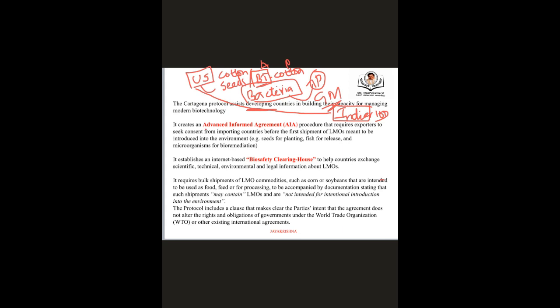It talks about advanced informed agreement, called AIA. This is one procedure. The next one is called the Biosafety Clearinghouse. These are the two very important procedures with which the interest of the importing countries is protected by the Cartagena Protocol. Now, this very GM crop becomes LMO.